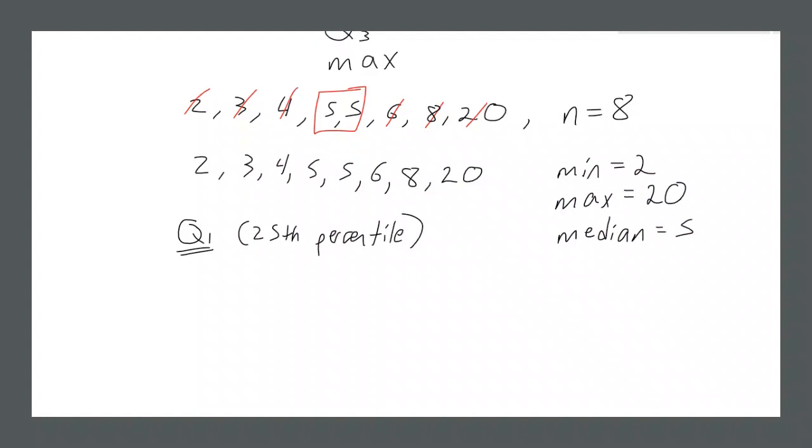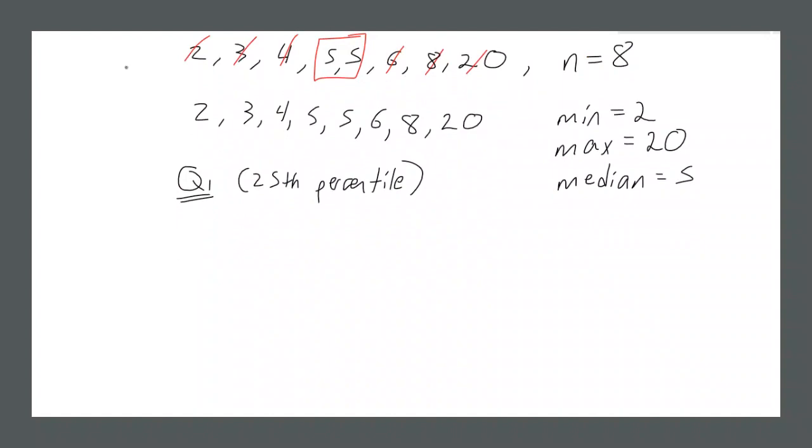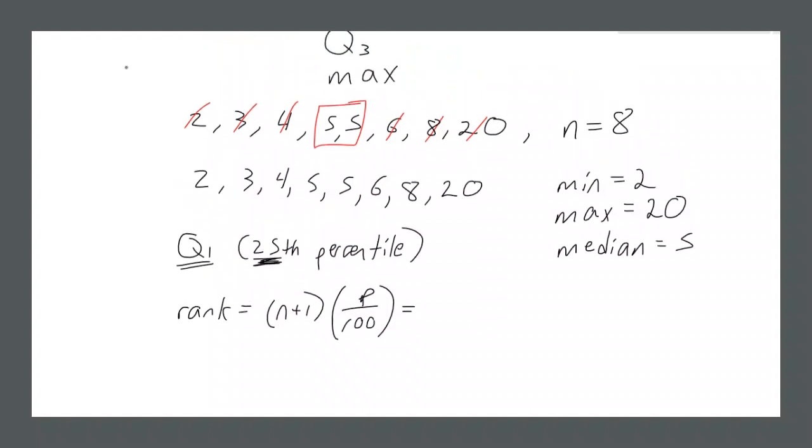So step 1 is to find the rank. Our rank is going to be n plus 1 multiplied by p over 100, where p is our percentile that we're looking for, which is 25, and n is 8, right? We have 8 data points.